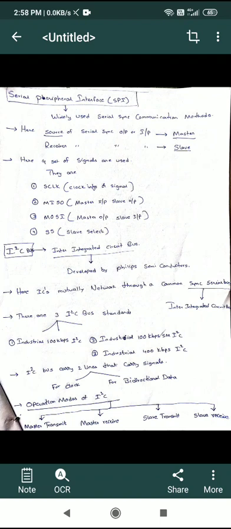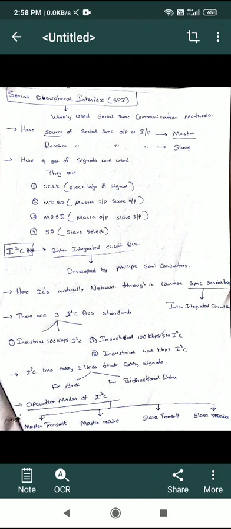The fifth one is the I2C bus, which means inter-integrated circuit bus. It was developed by Philips Semiconductors for data transmission. We all know about ICs, integrated circuits.